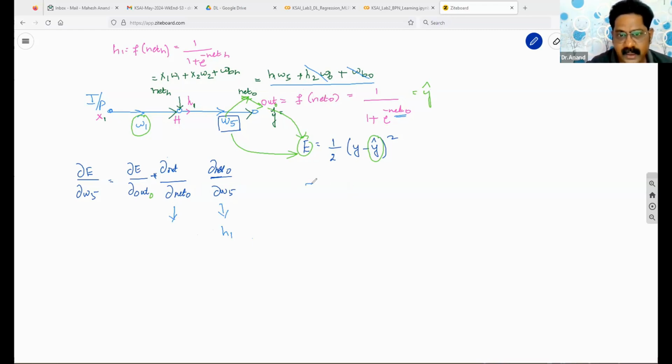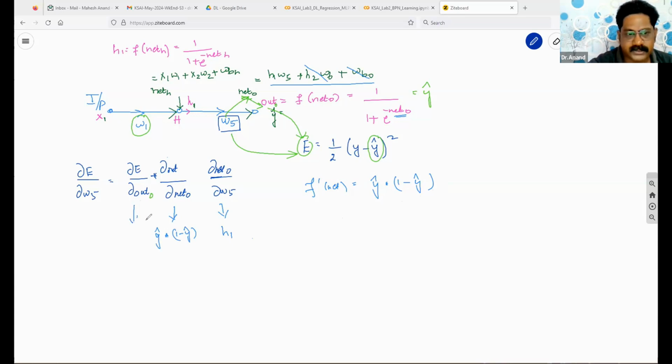That f dash of net you can shortly refer to as y cap into 1 minus y cap. How we arrived at this, if you forgot, please refer to the session 2 recording. We did the derivative of u by v calculation, and the final expression we write in the form of y cap into 1 minus y cap.